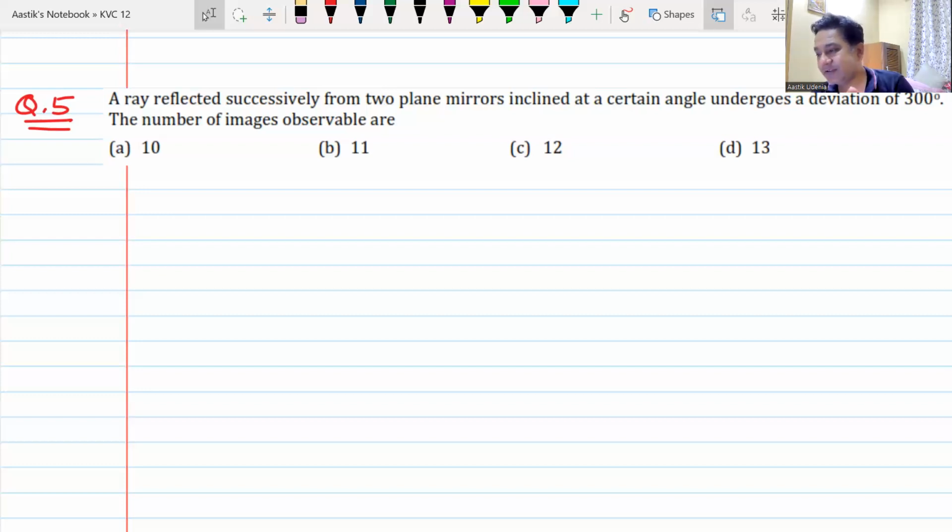A ray reflected successively from two plane mirrors inclined at a certain angle undergoes a deviation of 300 degrees. What are the number of images that are observable? Options: 10, 11, 12, 13.